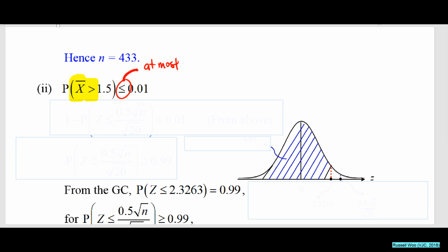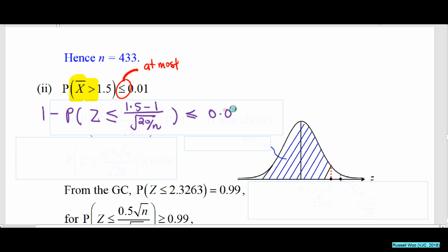So, let's do two things at one go. 1 minus probability z smaller than or equal to 1.5 minus mean divided by square root 20 over n, smaller than or equal to 0.01. Actually, we have done it in part 1 already. It's just I repeat the steps.